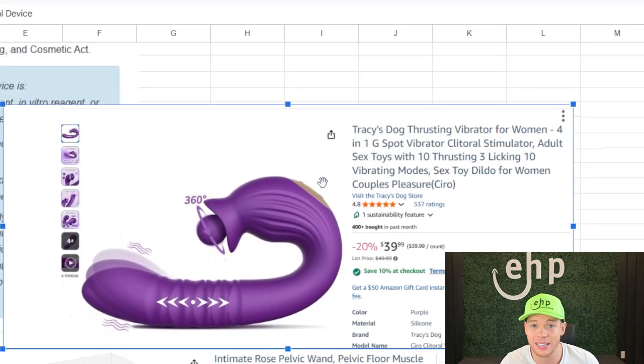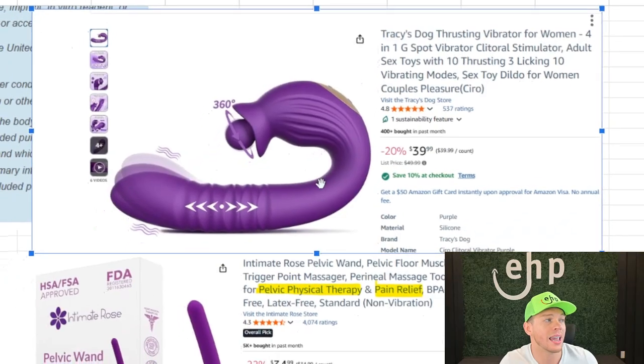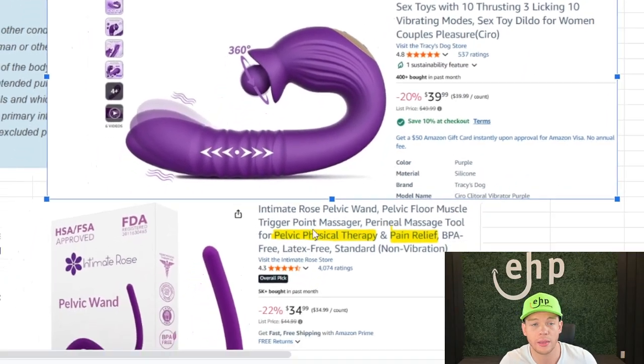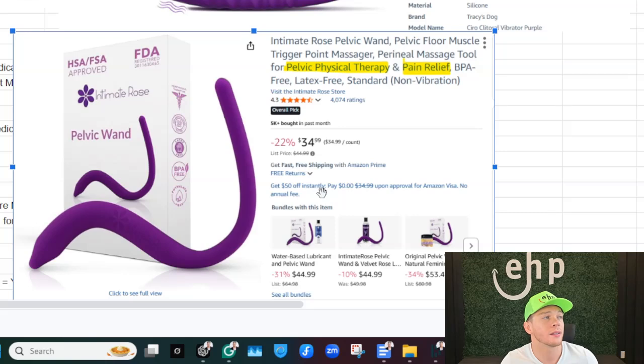That's not FDA regulated. Anything that's a novelty for personal pleasure is not FDA, because personal pleasure isn't a disease or anything. Now this pain relief, oh wow, now you're solving an actual problem.